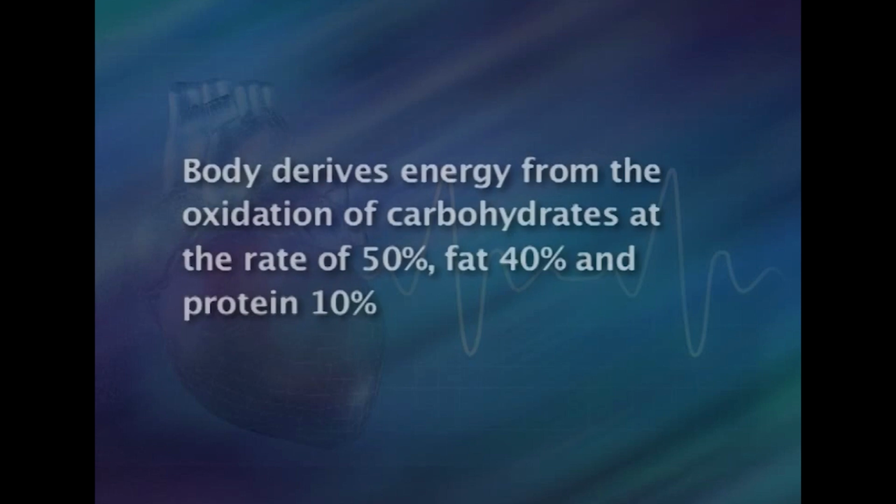0.82. The respiratory quotient in the post absorptive stage when basal metabolism is determined is 0.82, and the body derives energy from oxidation of carbohydrates at the rate of 50%, fat 40% and protein 10% present in the body. The respiratory quotient for alcohol is 0.66.